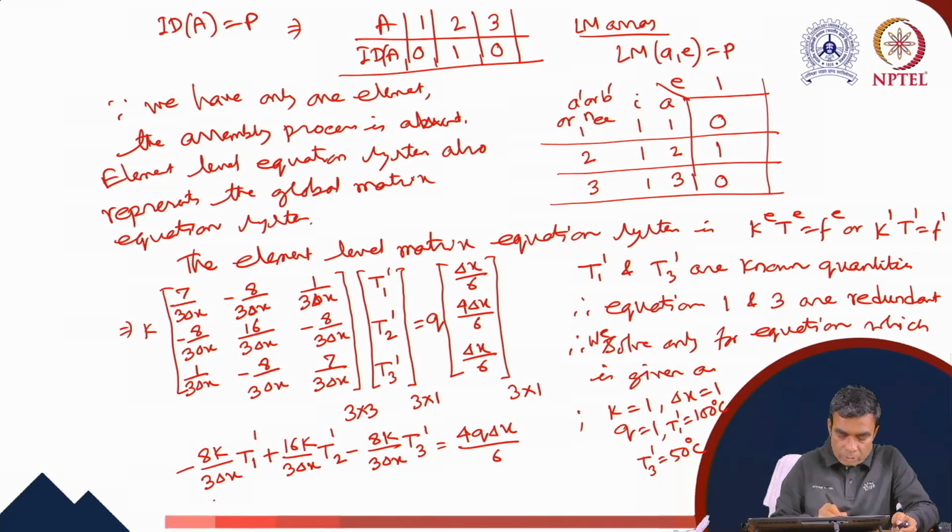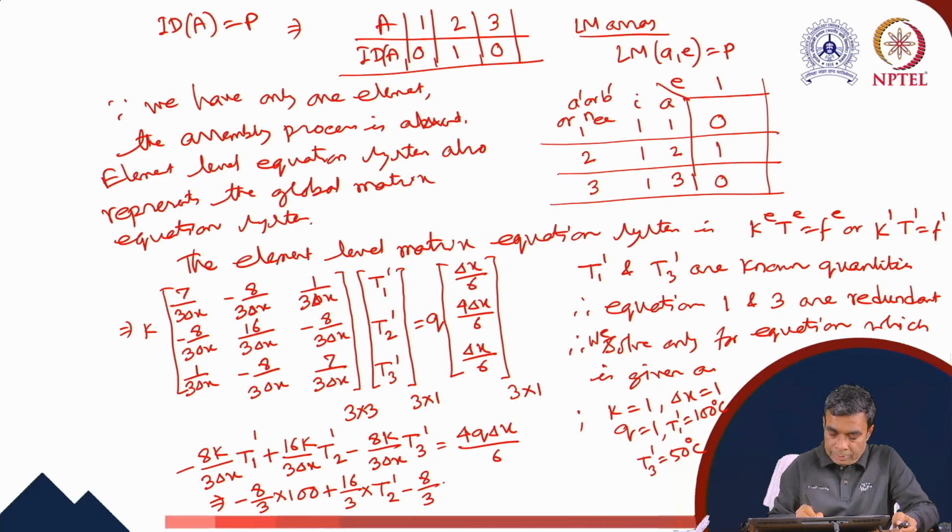Substituting these values, we get minus 8 by 3 into 100 plus 16 by 3 into T21 minus 8 by 3 into 50 equals 4 by 6.